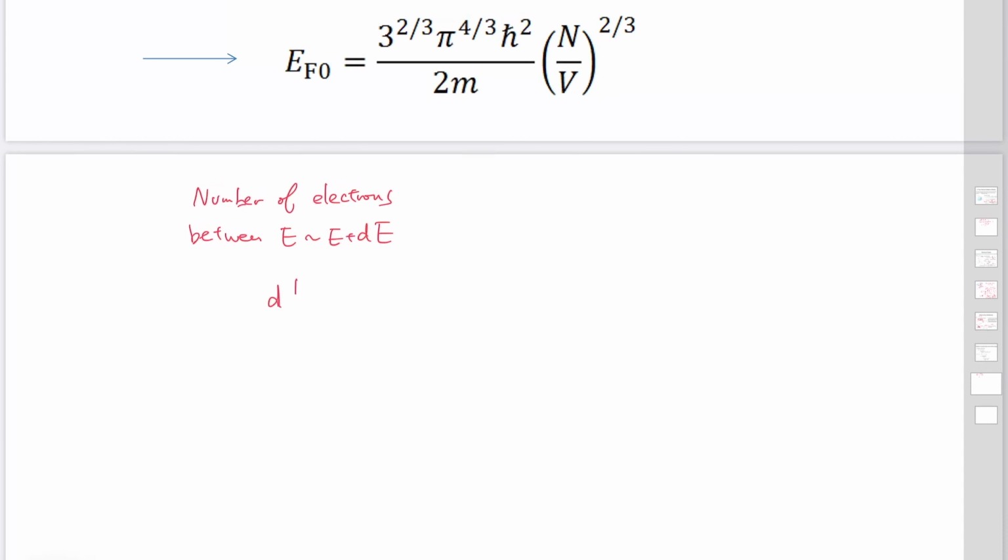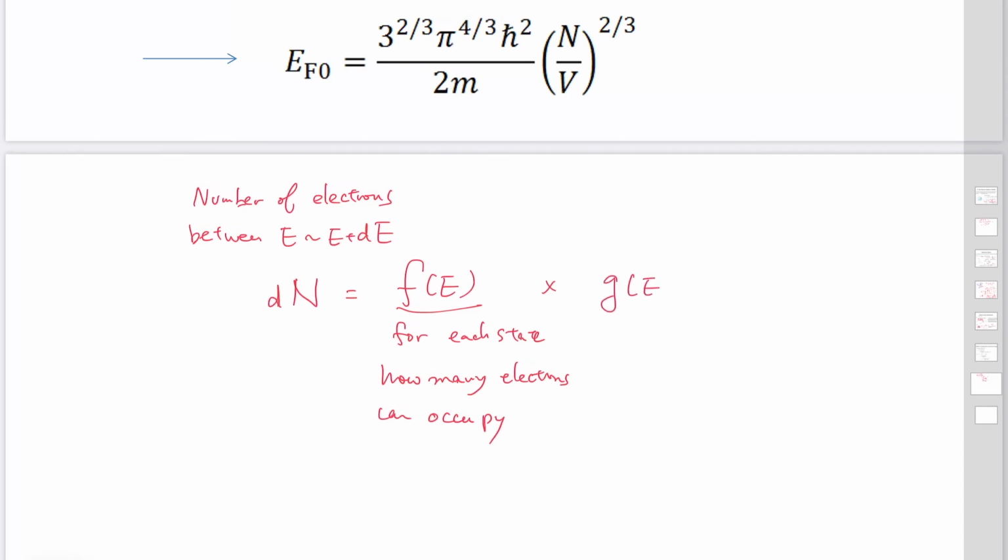So we consider this number dN is f(E), for each state, how many electrons can occupy, times the number of states, you need to consider g dE.